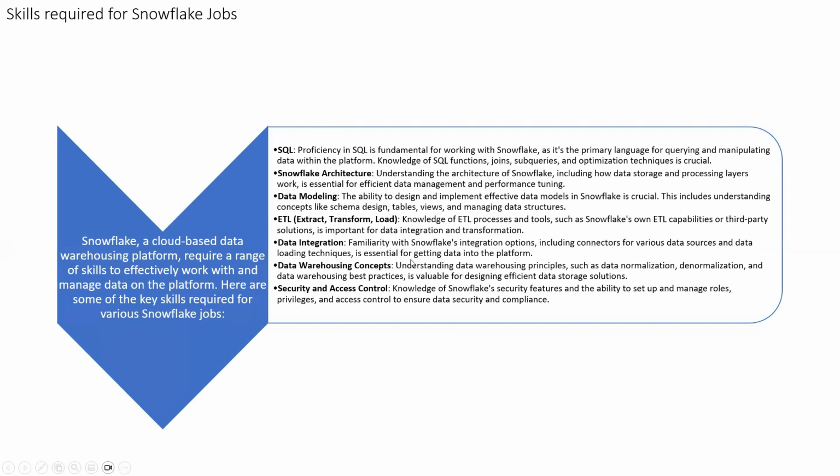And one more thing: security and access control is really, really important. The reason is that nowadays many of our data systems and applications are being compromised. Fake accounts are being created and fake transactions are really happening.